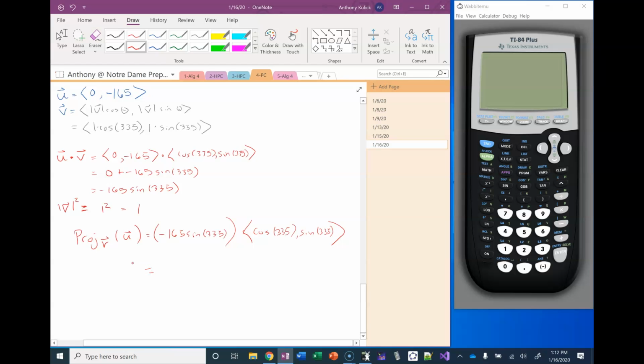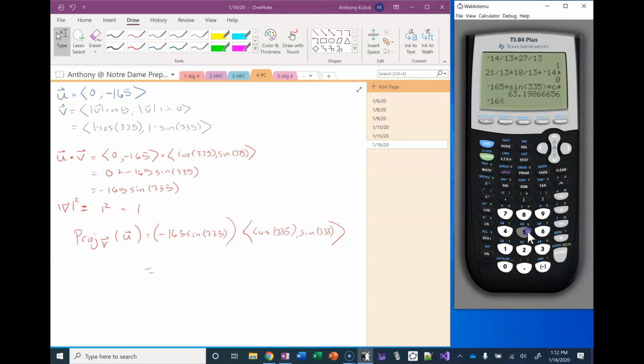And now I'm going to go to my calculator to do this. So negative 165 times sine 335. And when I multiply that to the first component, which is cosine of 335, I get 63 point yada yada yada.